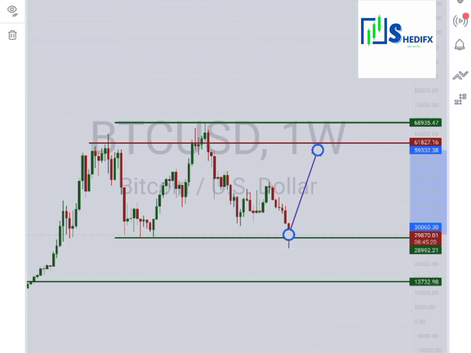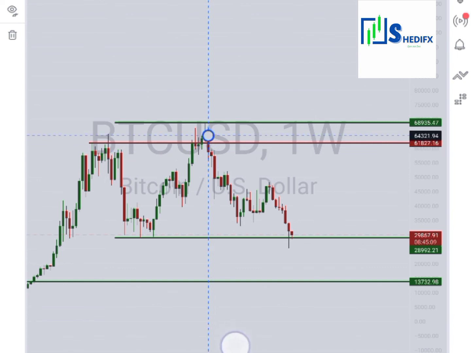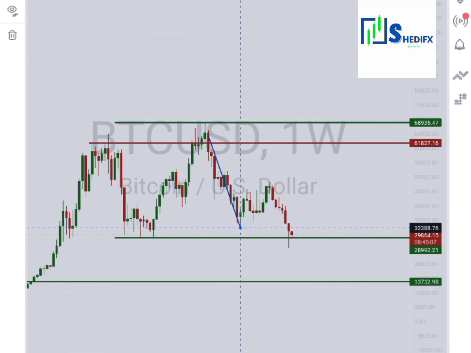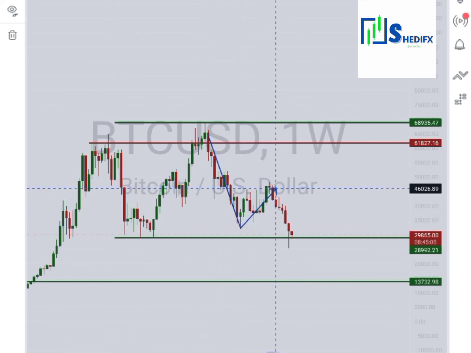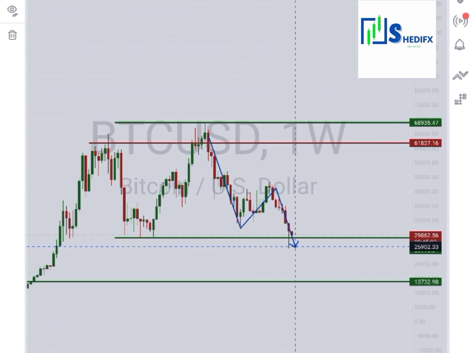That should be a possible head and shoulder pattern there. Meanwhile, we just use what we have for now. BTC, as you can see, has been falling down from this top here. So right here we have a bearish flag. I'll be highlighting the bearish flag for you guys to see.